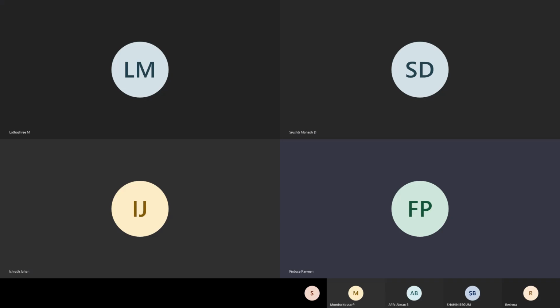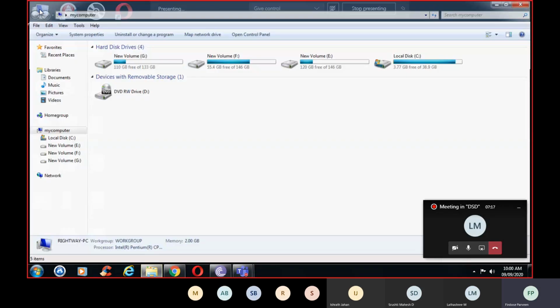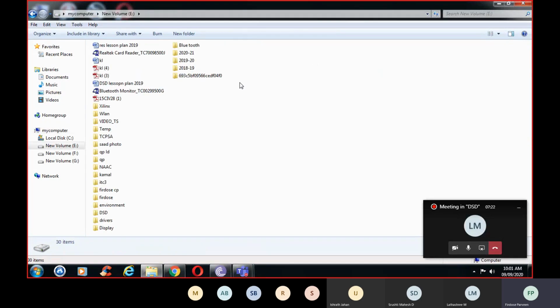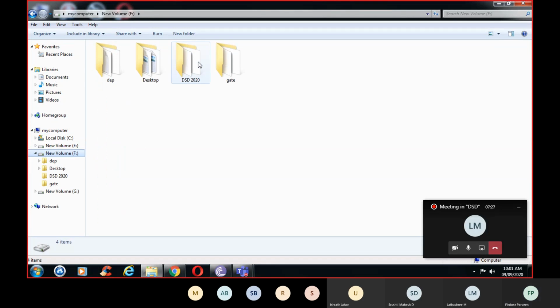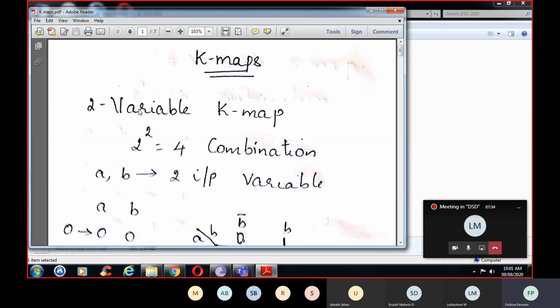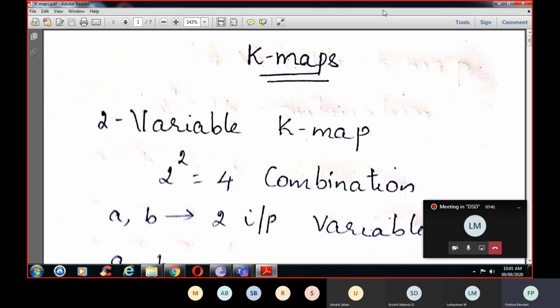We shall start K-maps. So K-map, which is also known as Karnaugh map, is a method of simplifying Boolean algebra expressions.